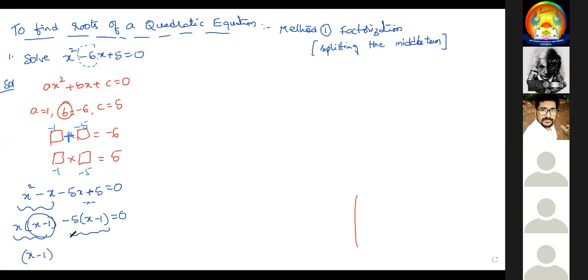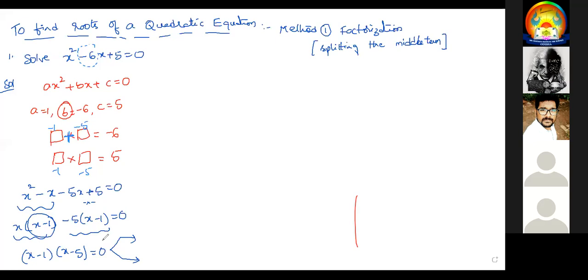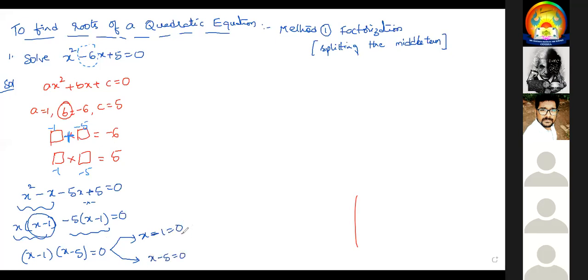If I take x minus 1 common, the remaining is x minus 5. When the product of two numbers is 0, any one of the numbers should be 0. That is x minus 1 equal to 0 or x minus 5 equal to 0. So x is equal to 1, x is equal to 5. That's it.